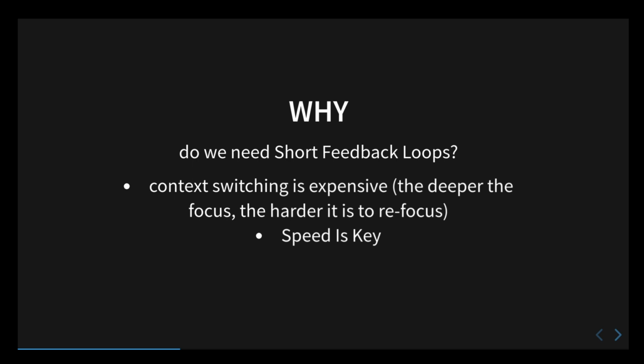Short feedback loops help us work faster. Code that fails quickly and obviously when something goes wrong, and something will always go wrong, can be fixed more quickly. So to the extent that we can write data pipelines in a way where our failures are obvious, that's better for us. That tends to be a win for us.